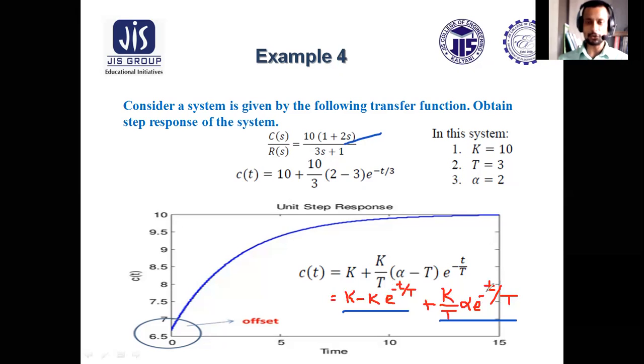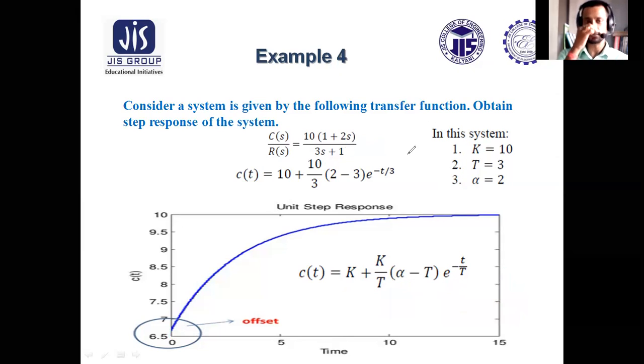At t equals 0, this term will become 1. So at t equals 0, the offset will be K by T into alpha, where K is 10 and alpha is 2, so 20 by 3, that is 6.67. So this magnitude of 6.67 is added to the system due to the application of this zero term. Clear?